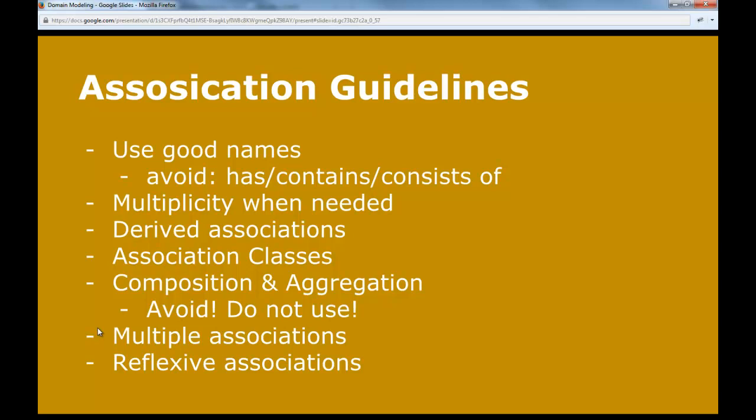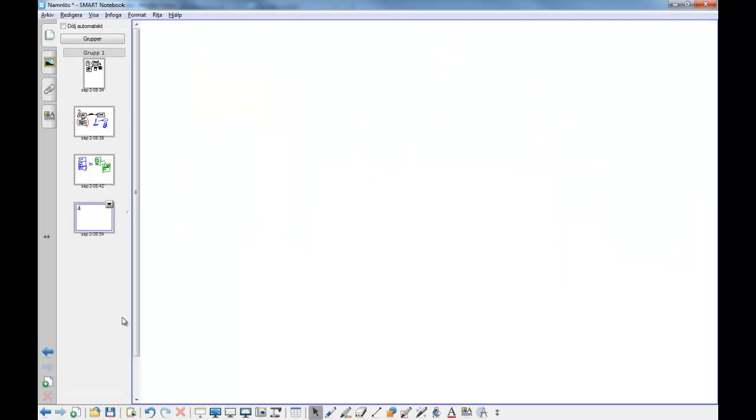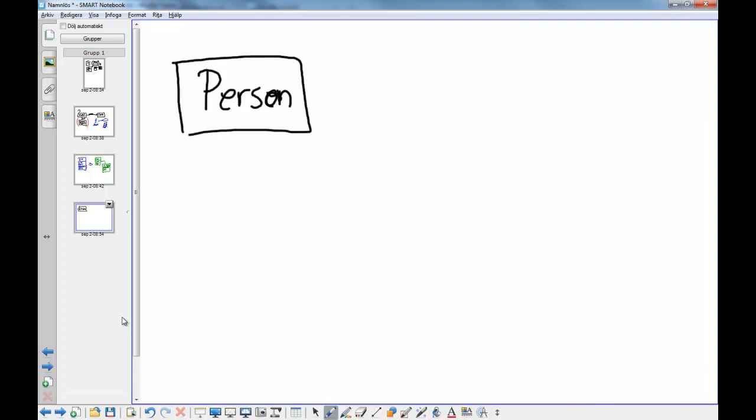I think we will do a small example. So we have a person concept and we have a car concept.